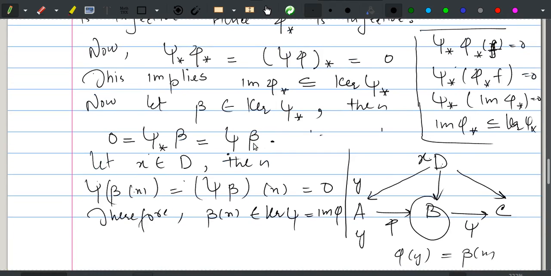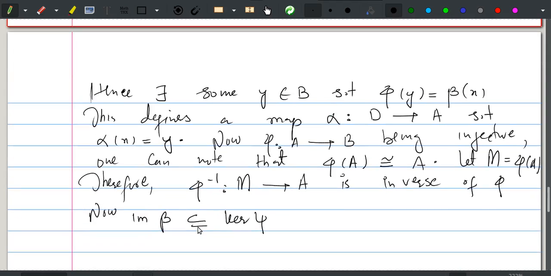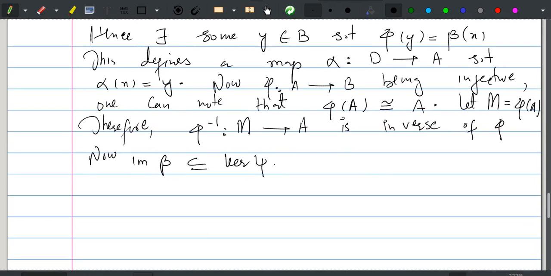This can be seen here: beta of x is in the kernel of psi. That means the image of beta is contained in the kernel of psi, so this follows from this point. But this kernel of psi is actually equal to the image of phi, which is M.